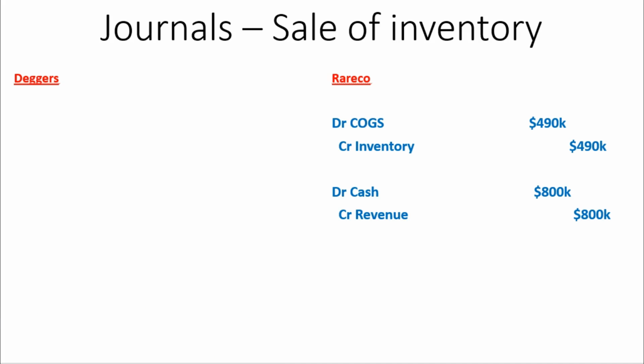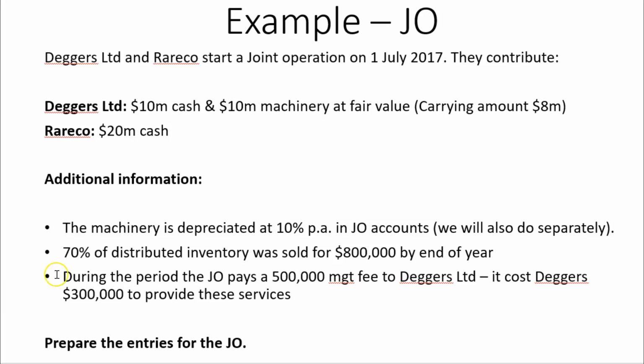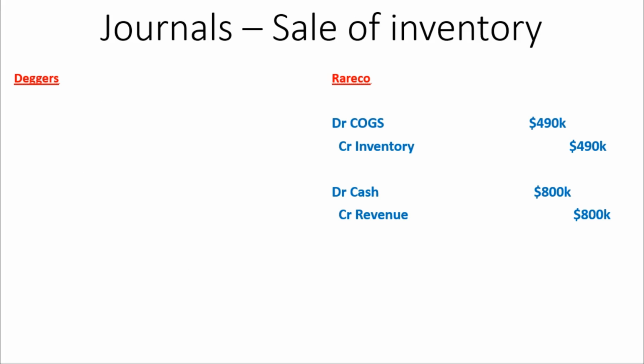So that's dealt with there. Now, one tiny final thing. We know that in our additional information, it says 70% of distributed inventory was sold for $800,000 by end of the year. That distributed inventory was the $1.4 million worth of inventory that we calculated earlier. So we want to recognize our sales of this inventory. From Rareco's perspective, this inventory costs $700,000.